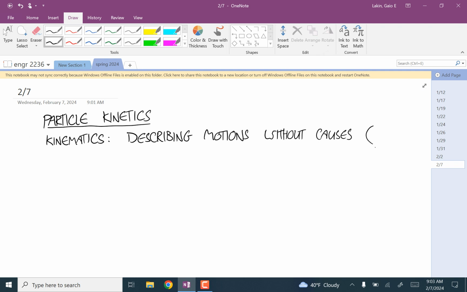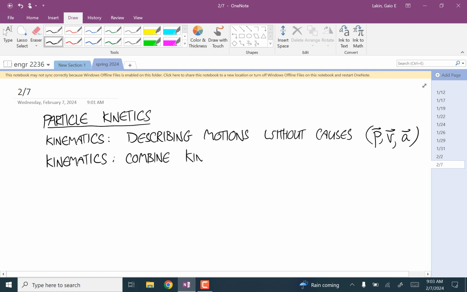So that's like relationships between position, velocity, and acceleration. And then kinetics is combining kinematics with the causes. So combining kinematics with mass and force.